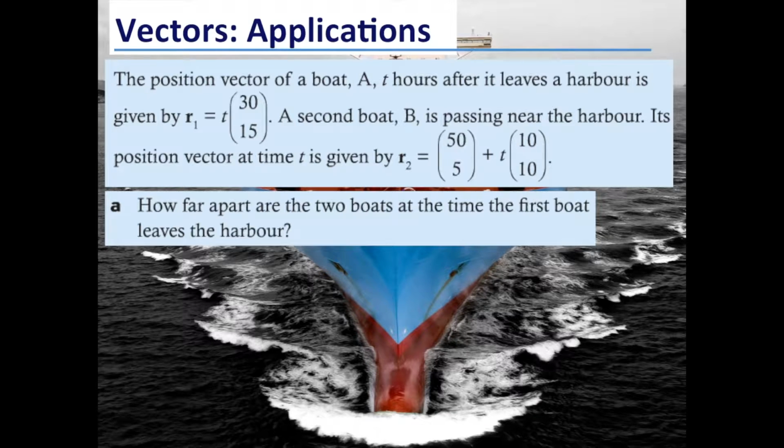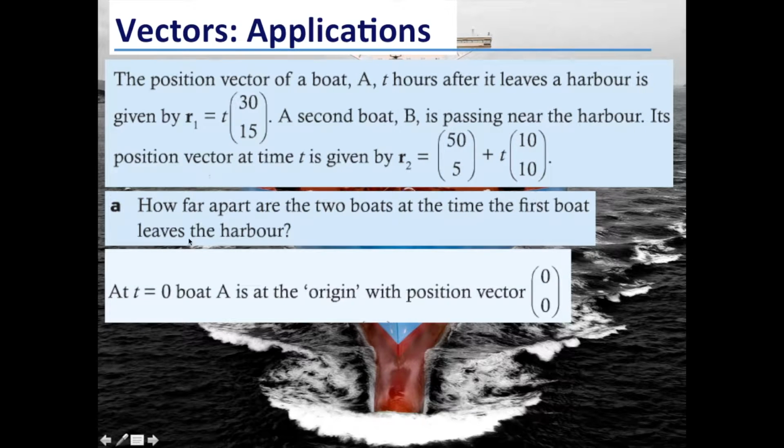So how far apart are the two boats at the time the first boat leaves the harbour? Well, when the first boat leaves harbour, we can establish that time is going to be 0. So boat A will have a position of (0, 0).